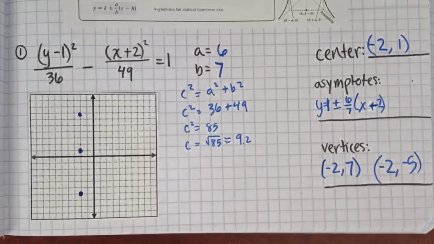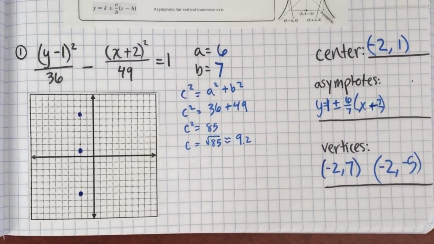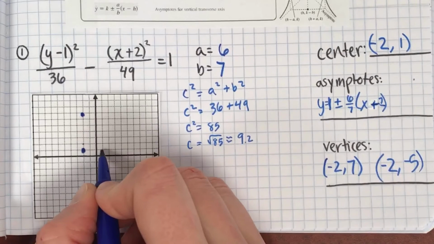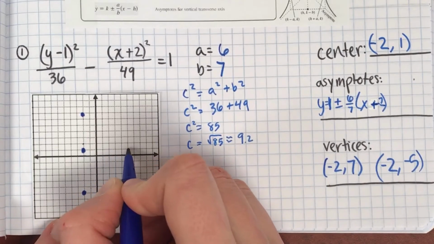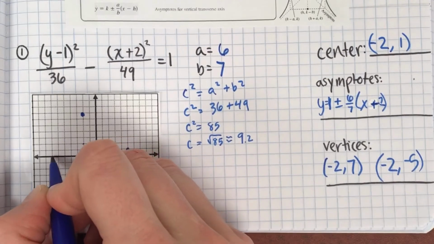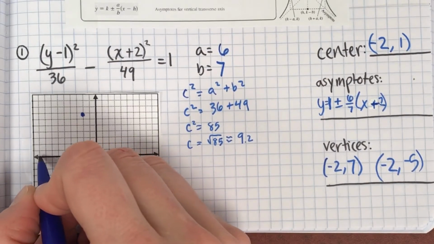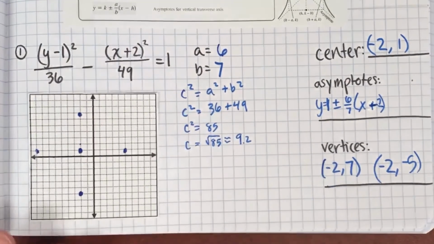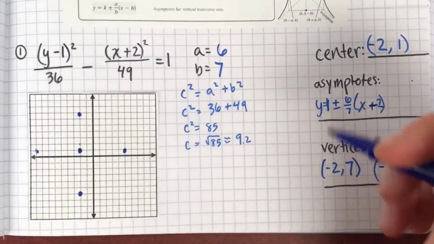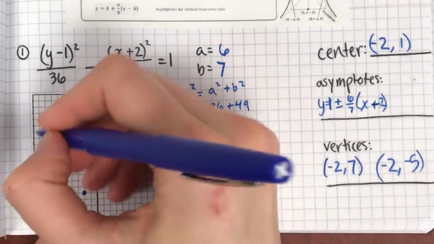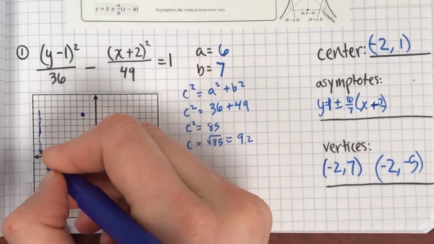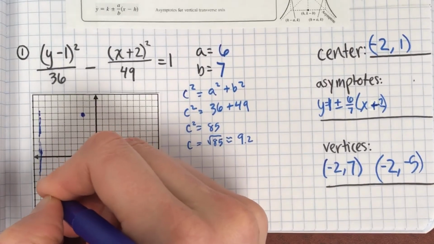All right, and then we can go ahead and kind of plot the other points with our b value. So that's 7. All right, and so from this, I like to make a little dotted box and connect these points.